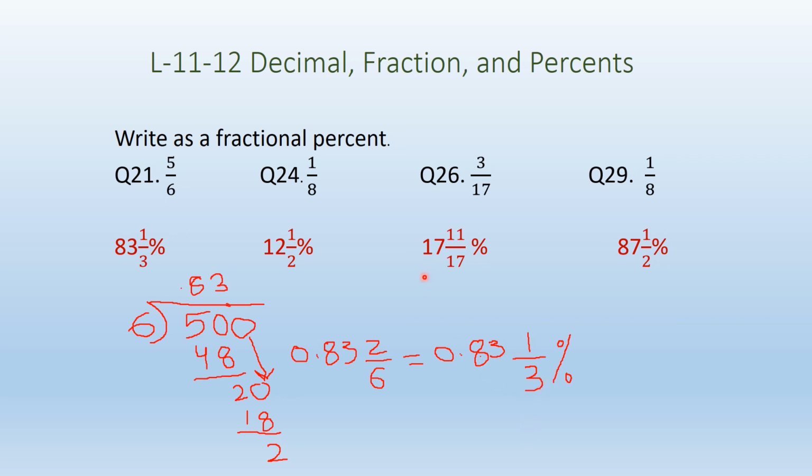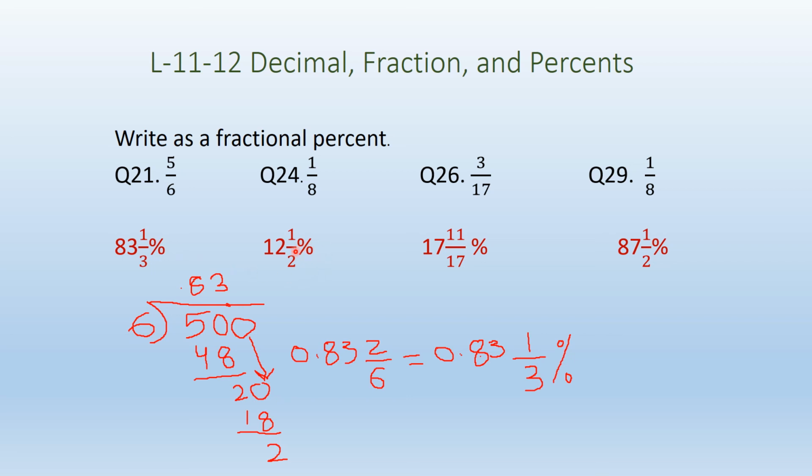Then to convert into the percentage, multiply by 100. The decimal is shifted to the right. Then you can see the answer is 83 1 by 3%. Now I think it is clear.